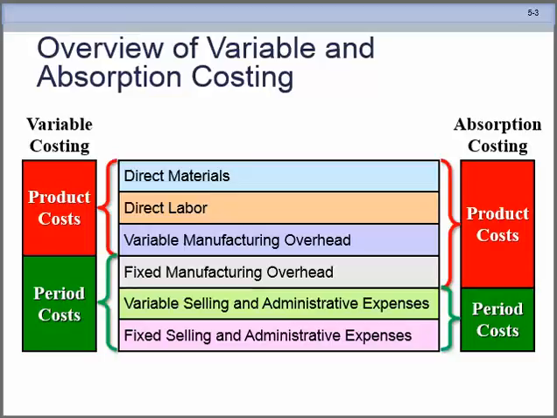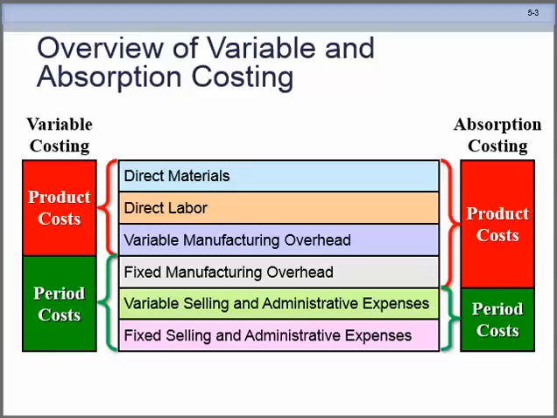Under both methods, selling and administrative costs are period costs, both fixed and variable. If you look at our graphic here, the period costs, the bottom two blocks, variable selling and administrative and fixed selling and administrative, are both at the bottom. They're always considered a period cost. It's how the fixed manufacturing overhead is treated that is the big difference between variable and absorption costing.